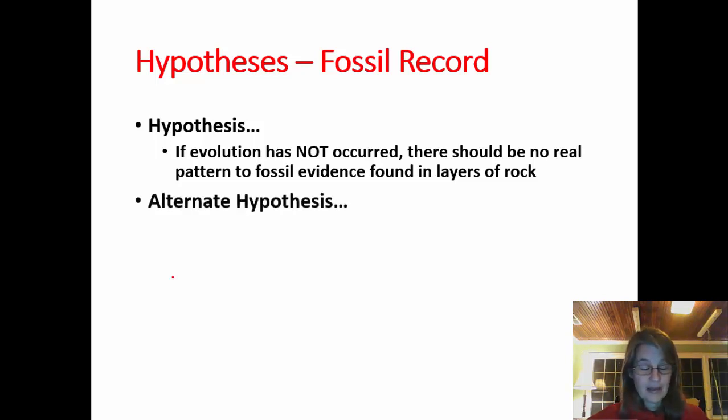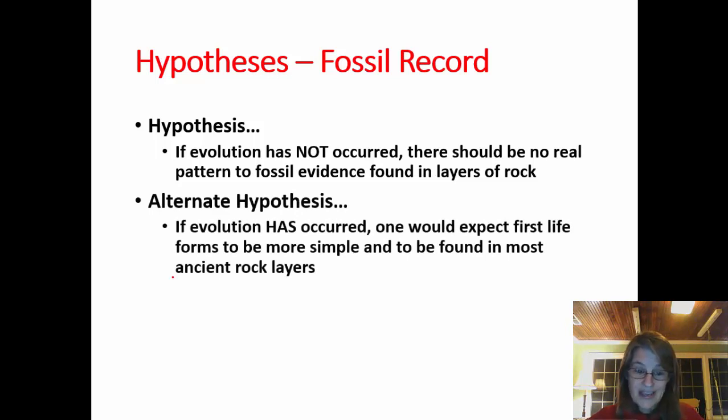Now, the alternate hypothesis, if evolution has occurred, then we would expect first life forms to be more simple and to be found in the most ancient layers of the rocks.